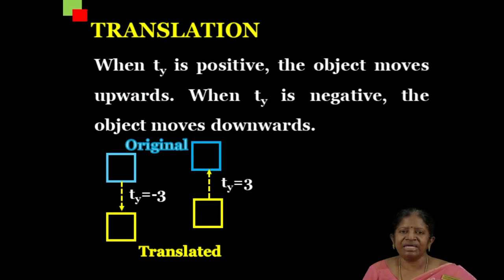When Ty is negative, the object will move downwards. When Ty is positive, the object moves upwards. But in computer graphics, the origin will be in the top left corner. So, these Ty's will have a different effect.